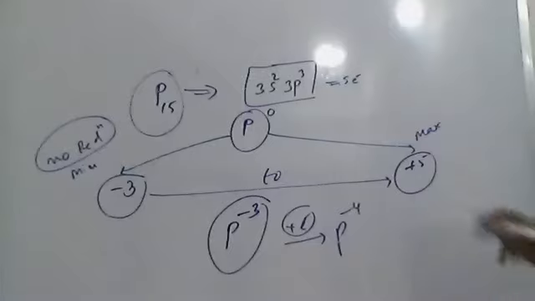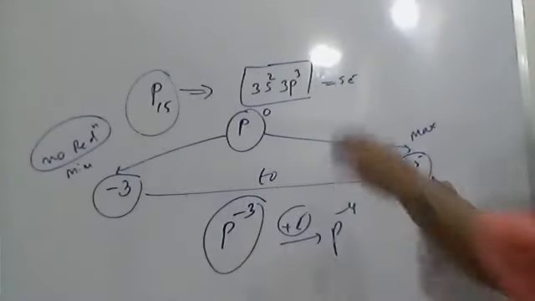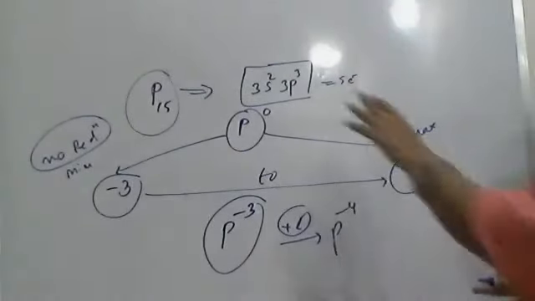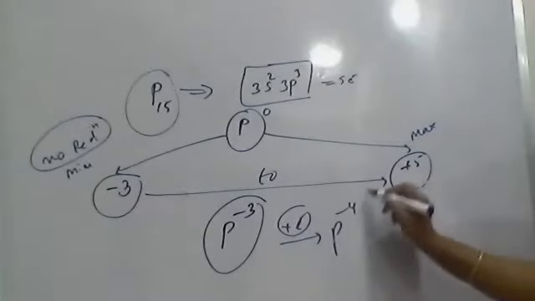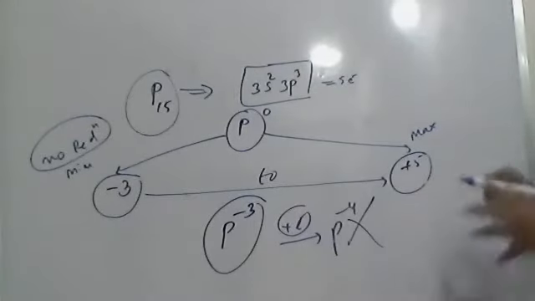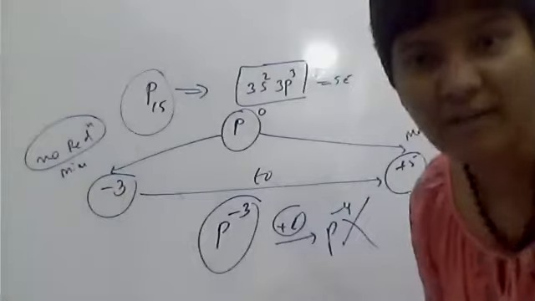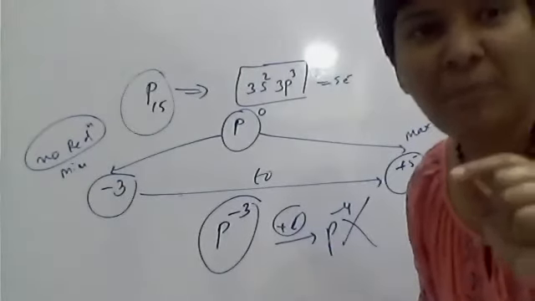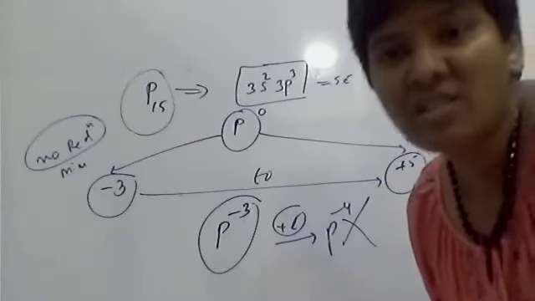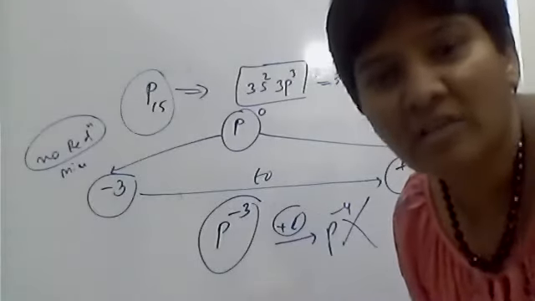Then come here, the +5. By loss of all the 5 electrons, the phosphorus exhibits it, so further oxidation is impossible. Phosphorus in +5 is in the highest state. Will it undergo any further loss of electrons?